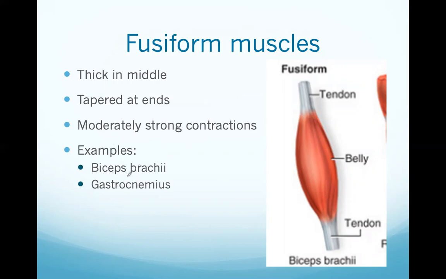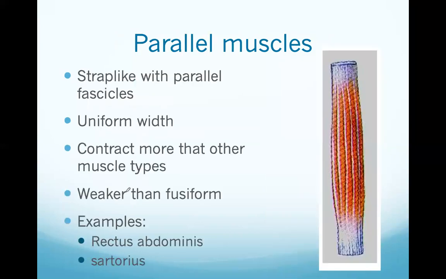Some of the most common examples of these types of muscles are the biceps brachii, which is your arm muscle, or the gastrocnemius, which is your calf muscle. Parallel muscles, as the name implies, are more strap-like, with the same level of thickness throughout the muscle.